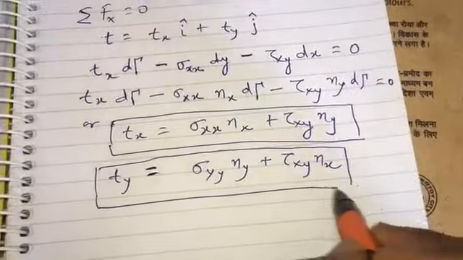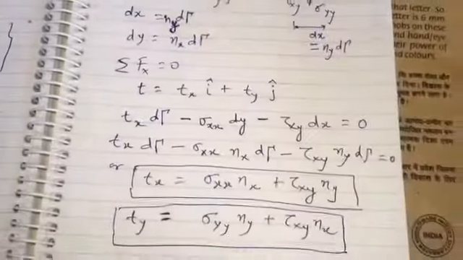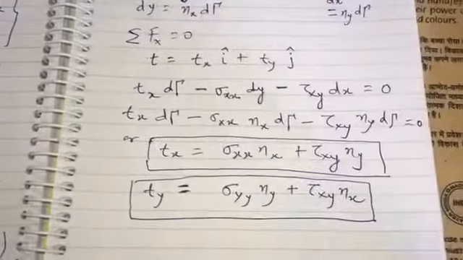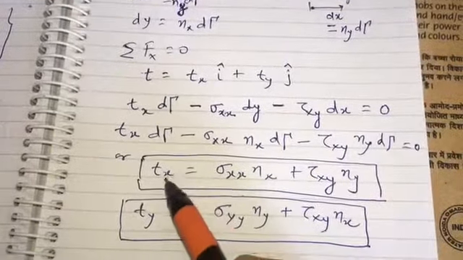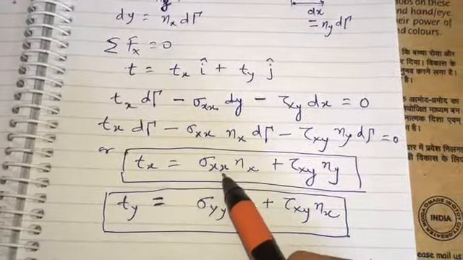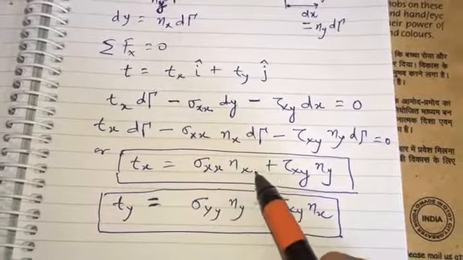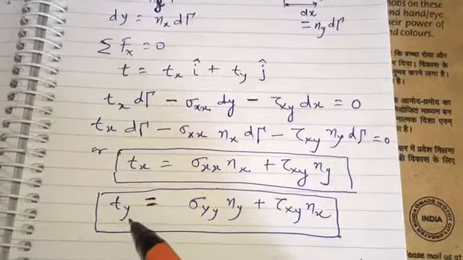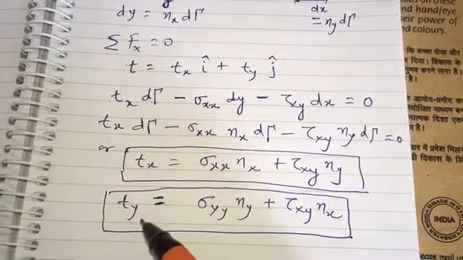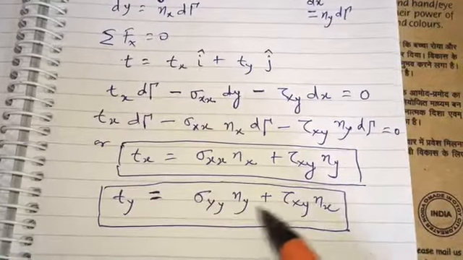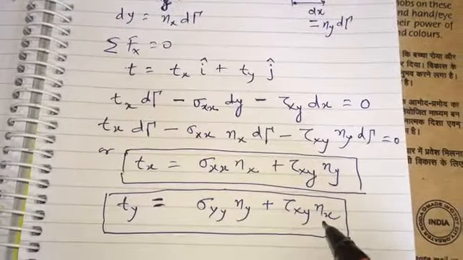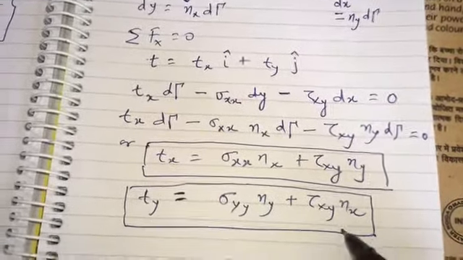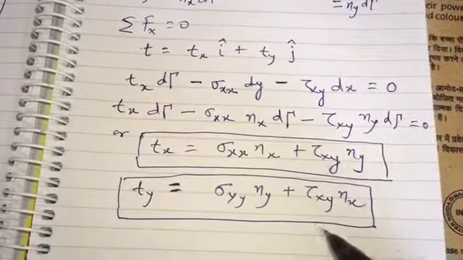This you will find by equating all the forces in the y direction to 0. So we have the x component of traction in terms of sigma xx and the unit vector perpendicular to the surface, and the y component of the traction in terms of sigma yy and tau xy, and the x and y components of the unit vector perpendicular to the surface on which the traction is being applied.